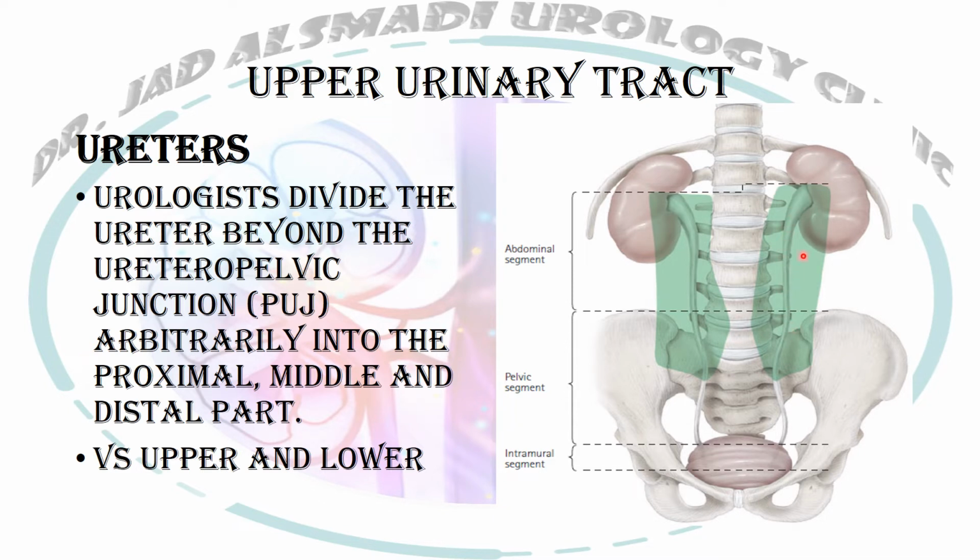As depicted here, we can divide the ureter anatomically into three parts, or surgically. The urologist can divide them surgically.